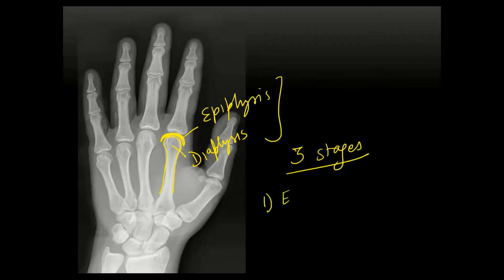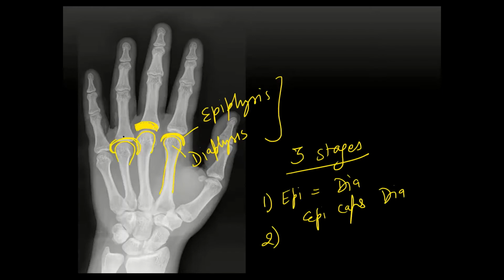First, the epiphysis is equal to the diaphysis, meaning the length of the epiphysis is equal to the diaphysis. This is stage 1. The next stage is the epiphysis caps the diaphysis.